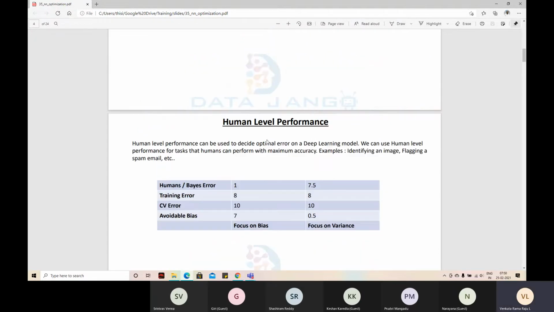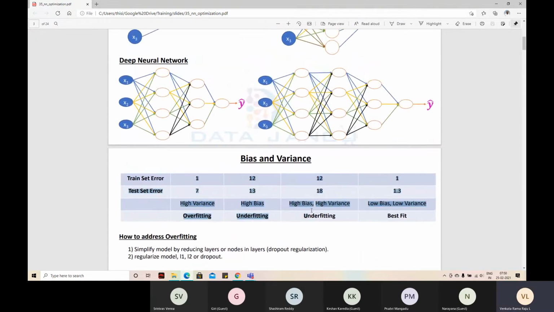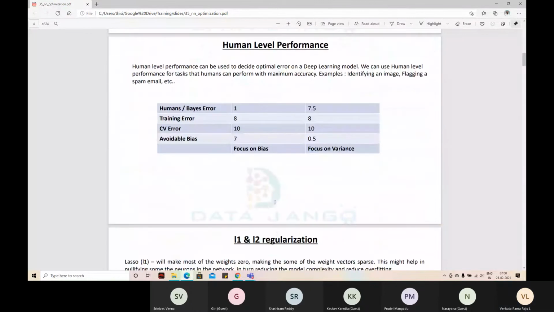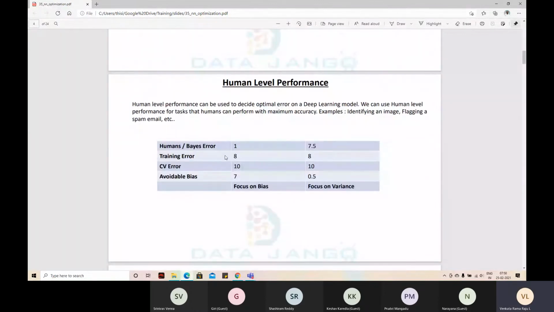So how do you decide a model is underfitted or overfitted? When I get 12 as the error, I said it is underfitted. How do you know? By looking at the human performance. This is the human error, then this is the training error, this is the cross validation error, and the avoidable bias we call it. Which one to focus on?